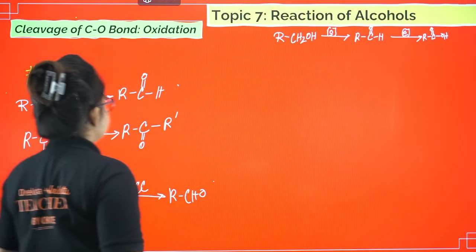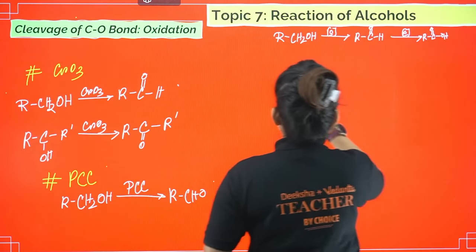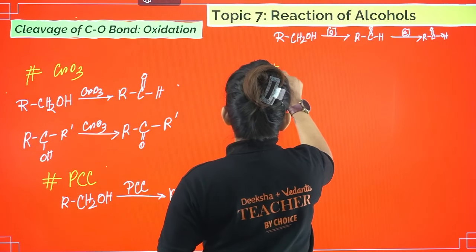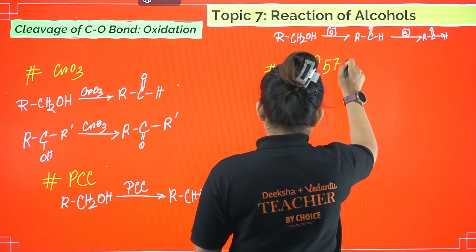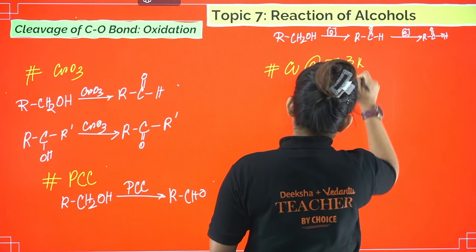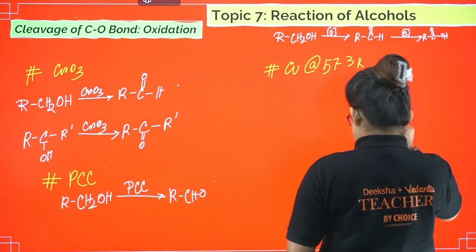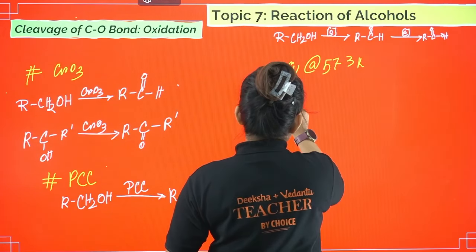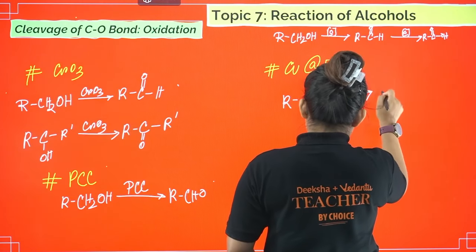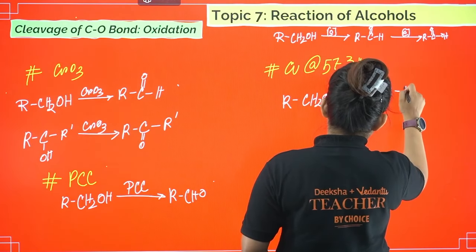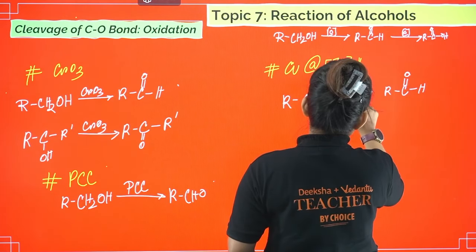Next we will proceed with another reagent, that is copper. We will give copper at 573 Kelvin. The temperature you have to remember. If I start with RCH2OH, that is 1 degree, you will end up with the aldehyde RCHO.